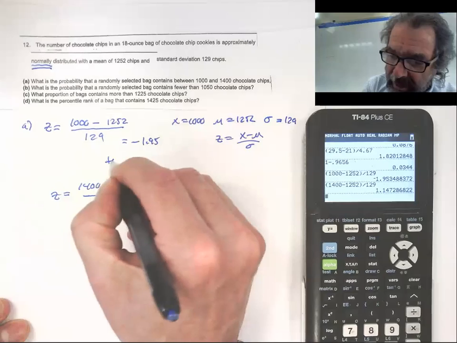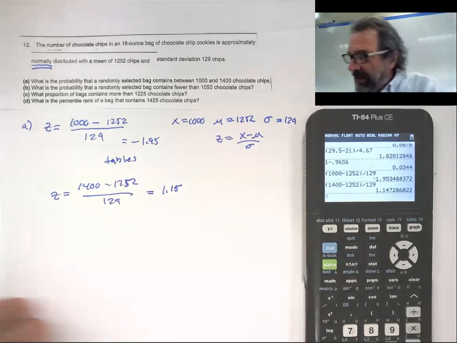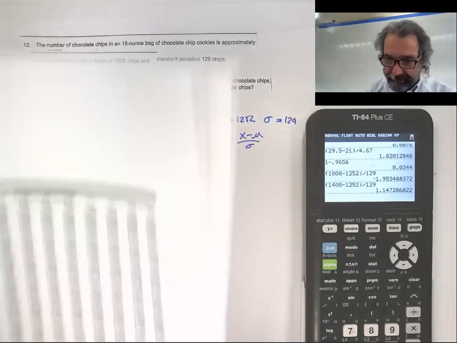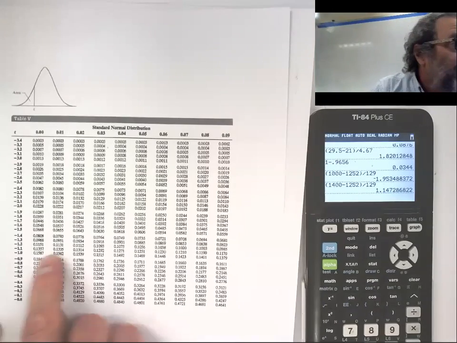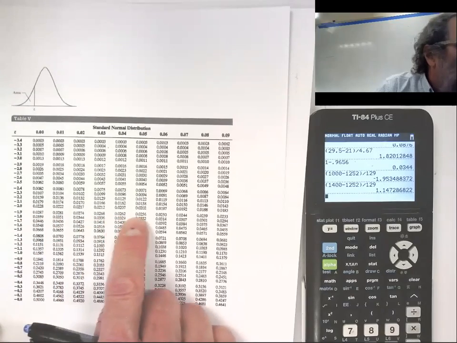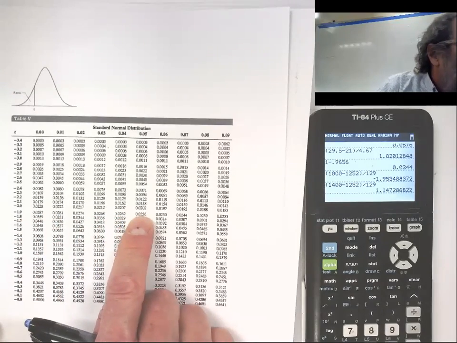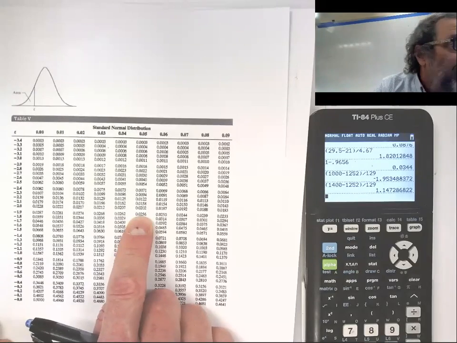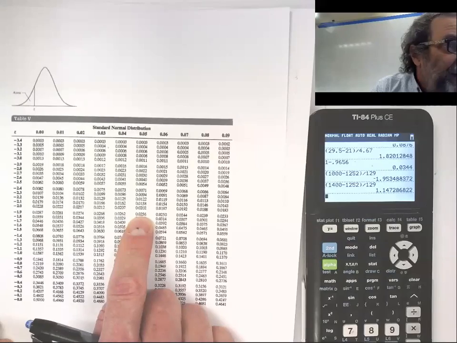So from the tables, minus 1.95 gives 0.0256. So if you're almost 2 standard deviations below the mean, the area on the left is only about 2.5%.